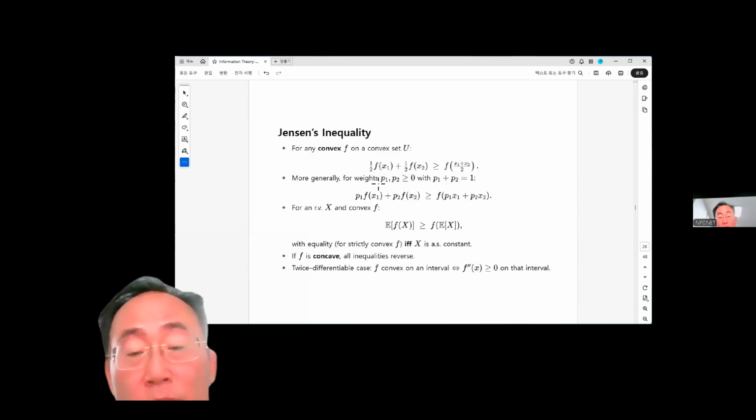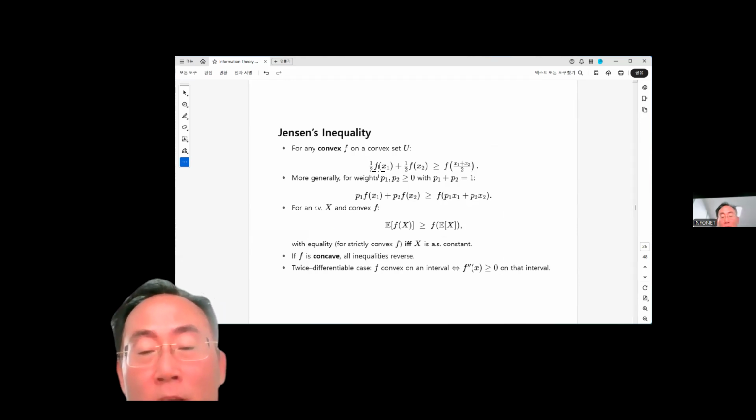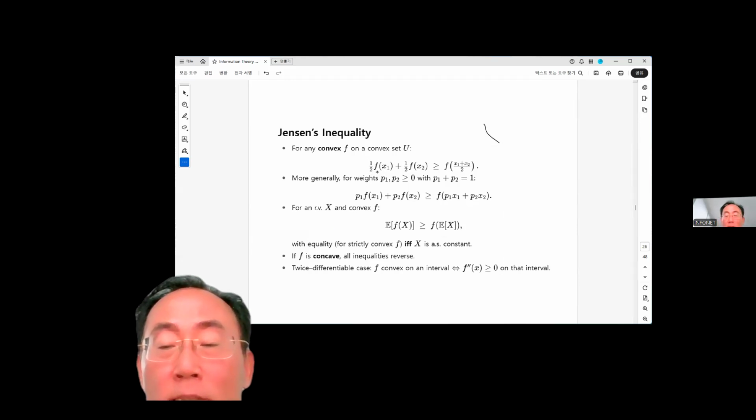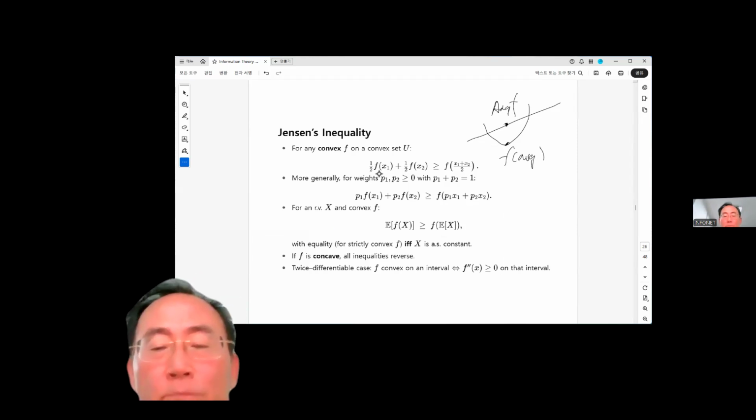And then when lambda is equal to half, like we have done the drawing, then we can talk about the function of average and the average of function. Average of function, here is function of average, right?